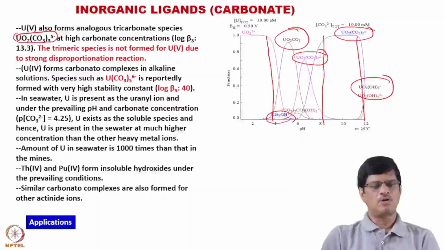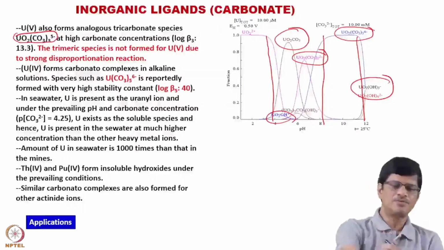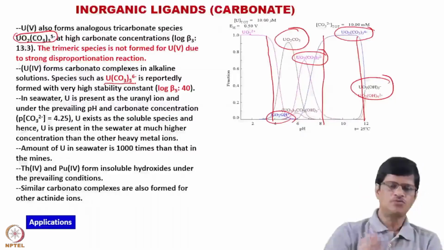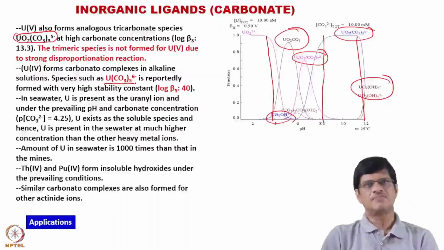Uranium 4 also forms carbonato complexes in alkaline solutions. Species such as [U(CO3)5]6- are reportedly formed, which has a very high stability constant. The log beta 5 value is around 40.